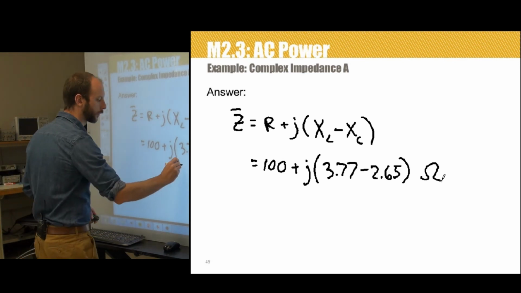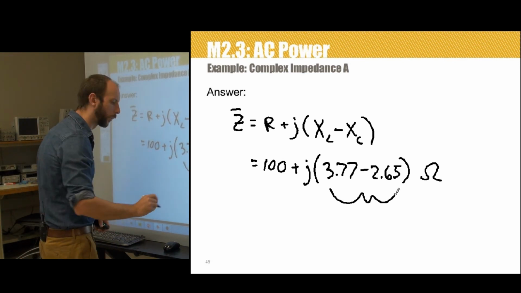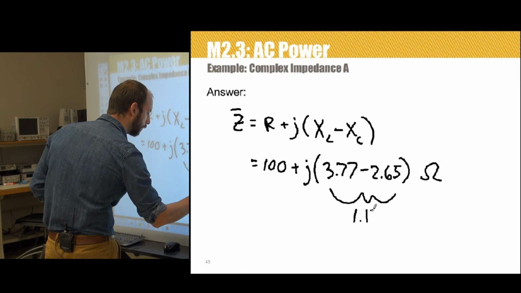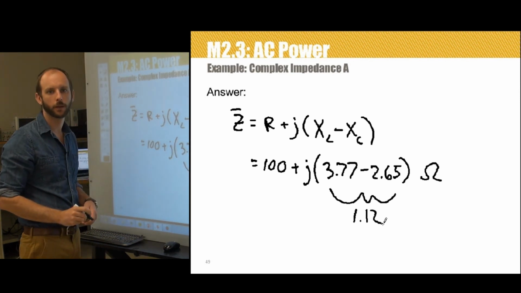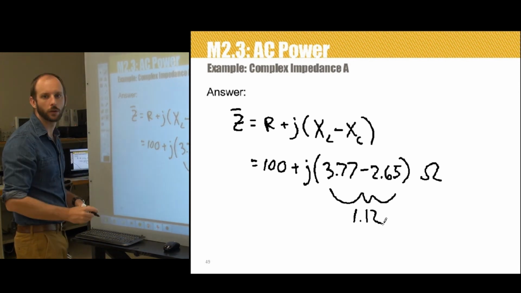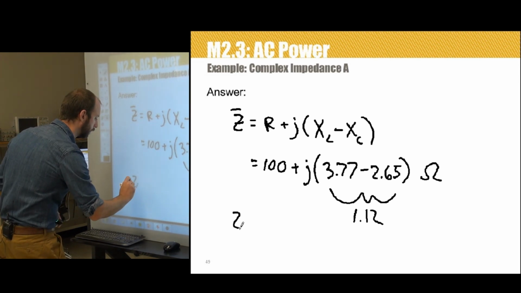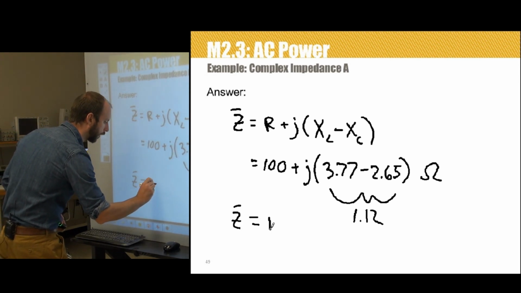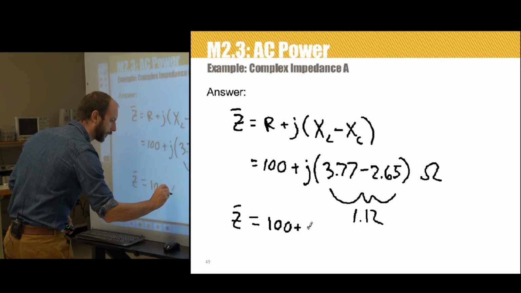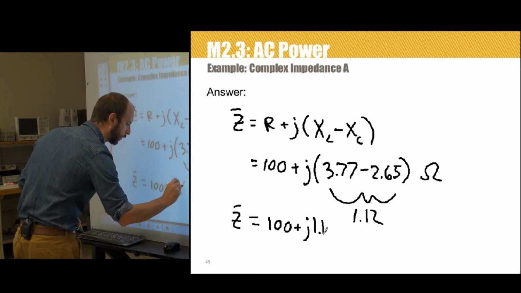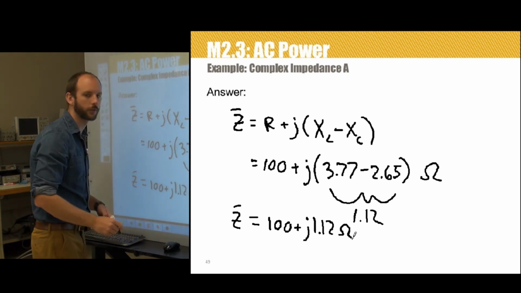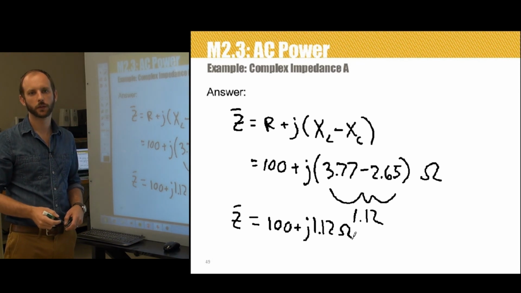So this reduces down to 1.12 ohms. So the whole quantity is Z equals 1 plus j1.12 ohms. So that's the equivalent impedance.